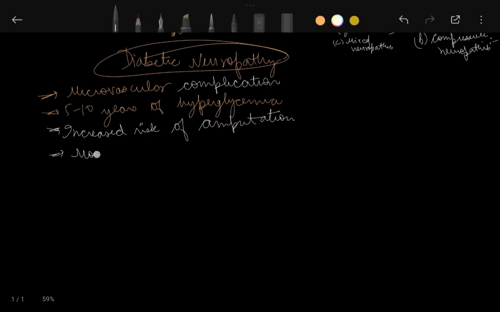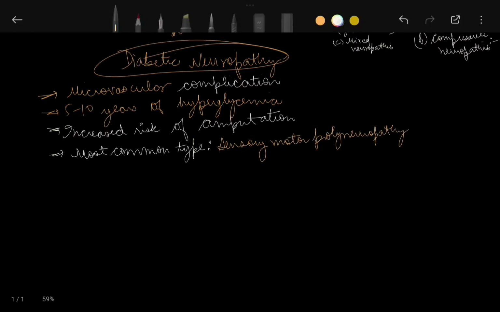The most common type is sensory motor polyneuropathy, which is usually characterized by a glove and stocking distribution of sensory loss and weakness.